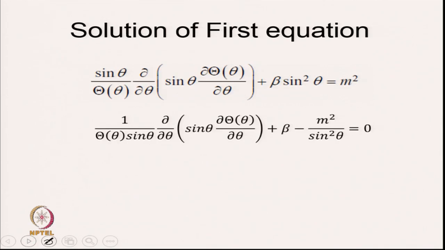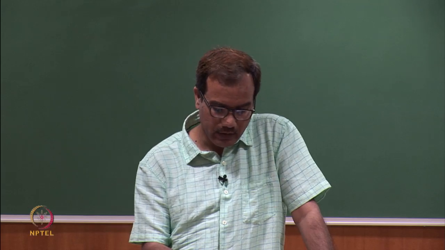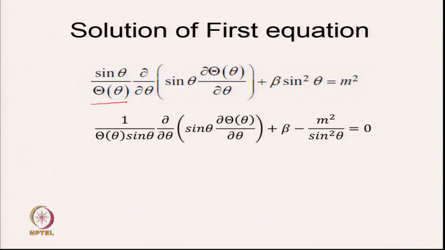Now, the second differential equation, we will look at how to solve this. So, this is your sin theta by capital theta, which is a function of theta. Capital theta is the wave function, where small theta is the angle. So, sin theta by capital theta, del by del theta sin theta, again this is the differential equation, and we need to solve this if we want a solution.